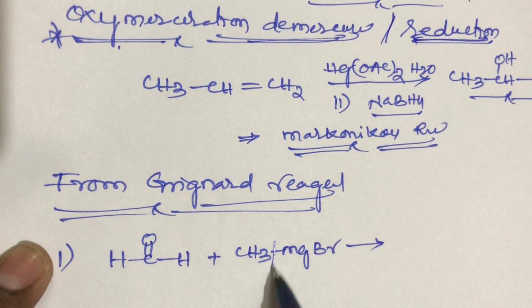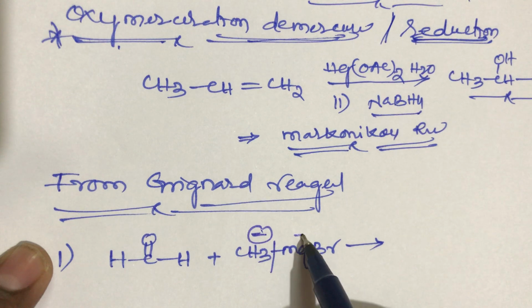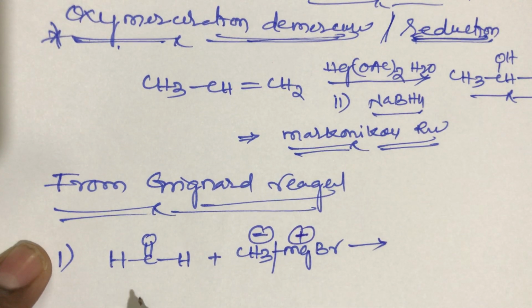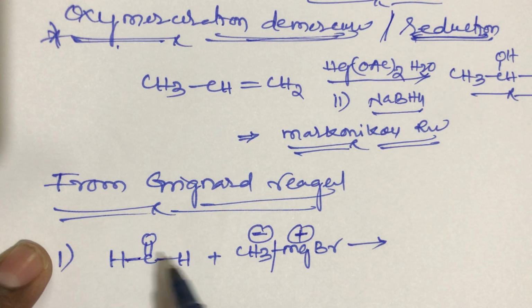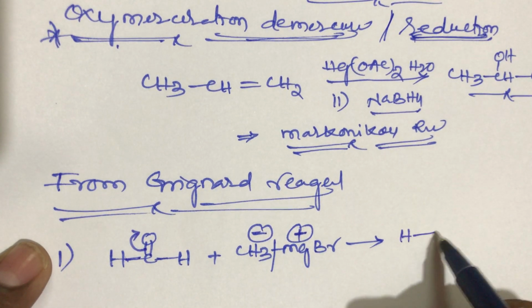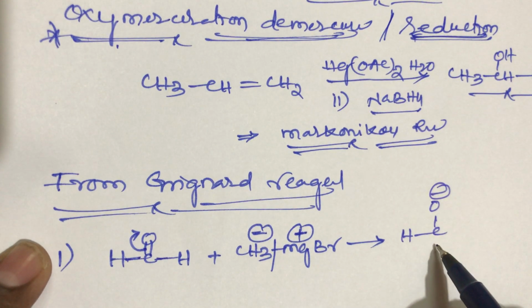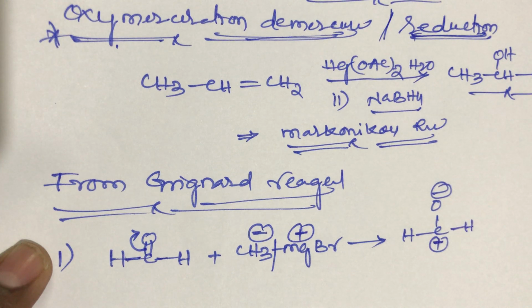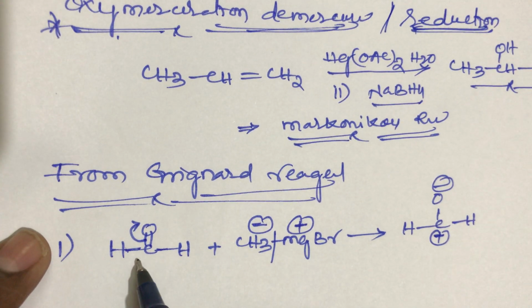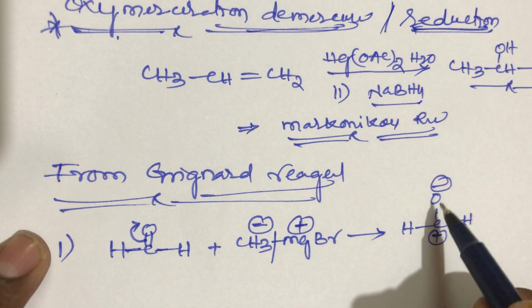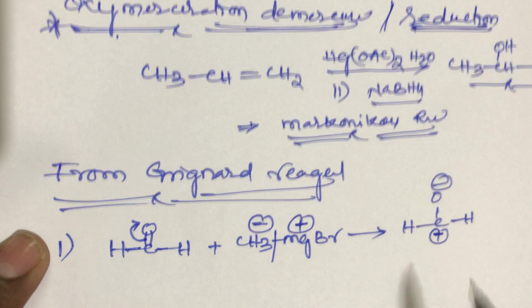Here, generally the methyl group is negative charge and Mg is positive charge. In this reaction, I am writing the mechanism. In formaldehyde, this bond shifts towards the oxygen side, this oxygen getting negative charge and this carbon getting positive charge.